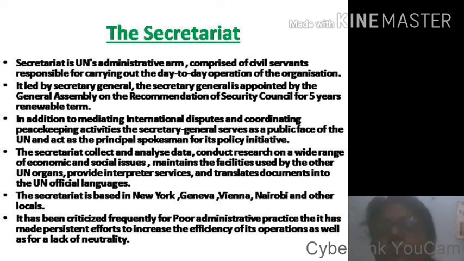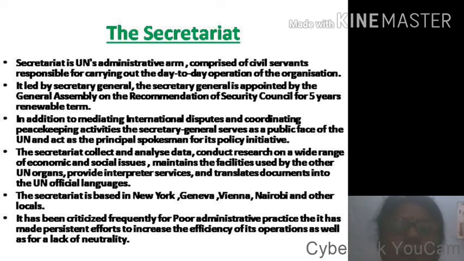The UN Secretariat is based in New York, Geneva, Vienna, Nairobi, and other locations. It has been criticized frequently for poor administrative practice, though it has made persistent efforts to increase the efficiency of its operation, as well as for lack of neutrality.